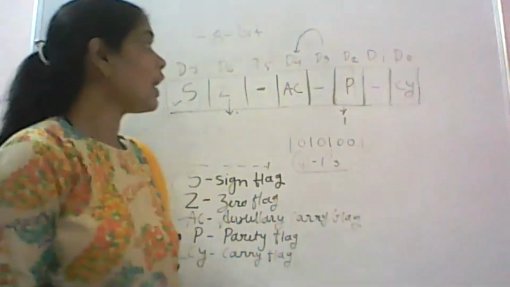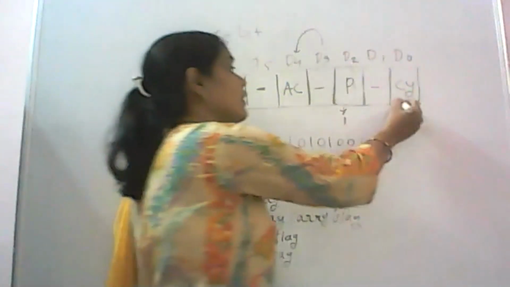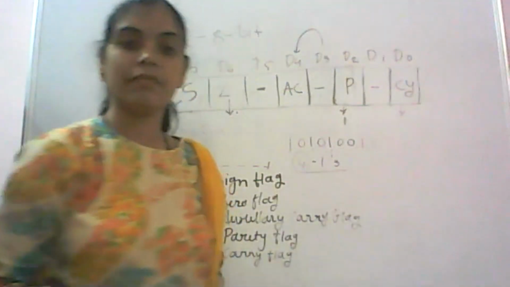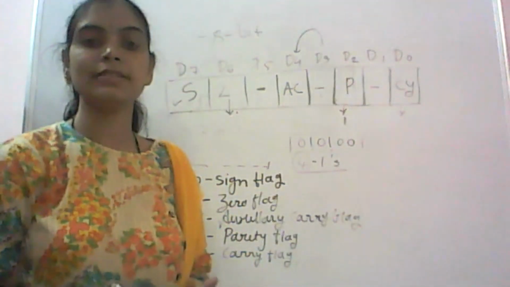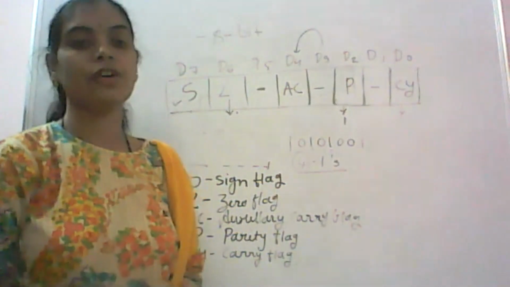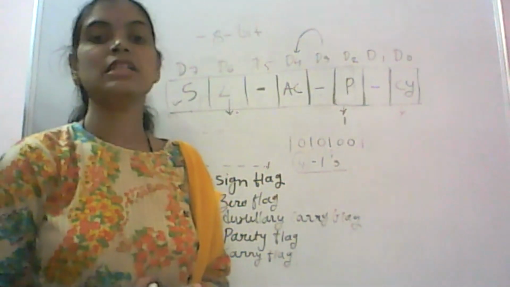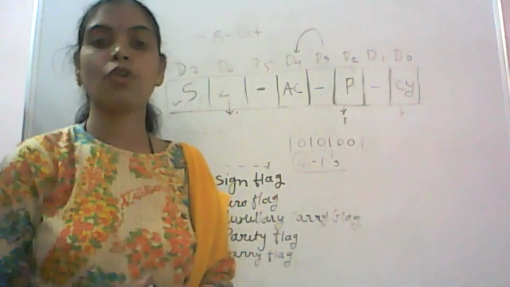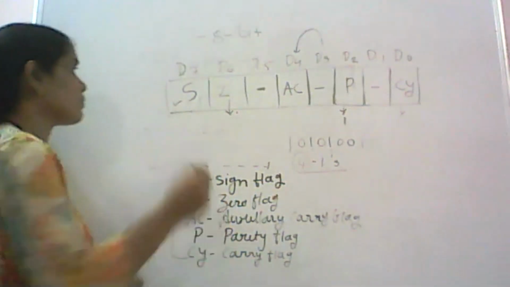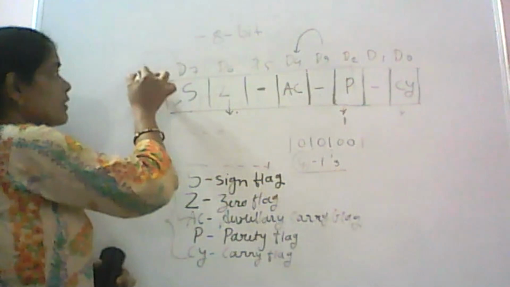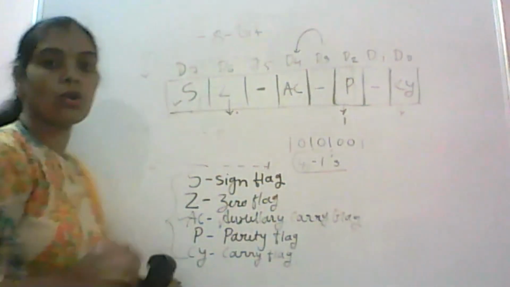Now last flag, that is carry flag. Carry flag is set if result of arithmetic operation results in a carry from bit D7. अगर after D7 carry generate होता है तो क्या होगा?